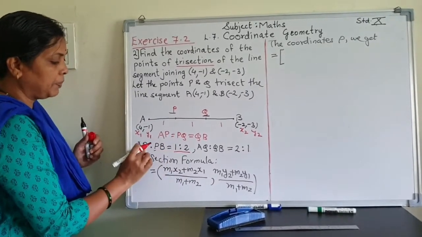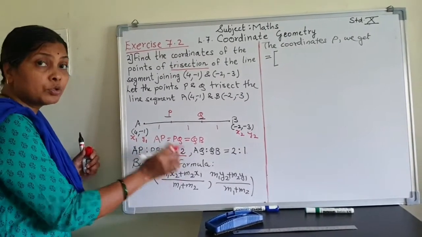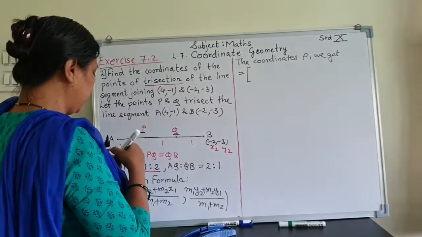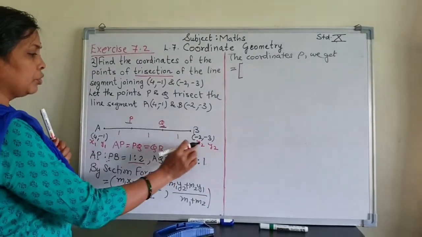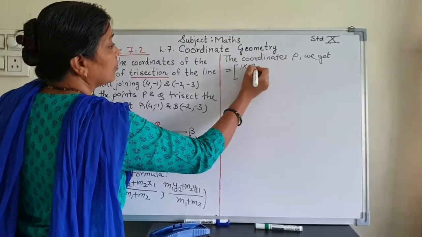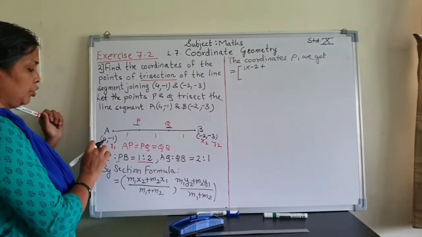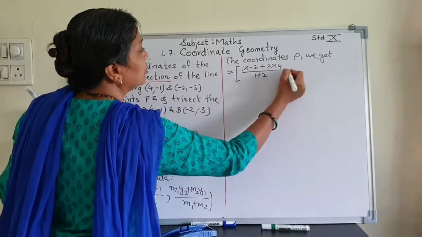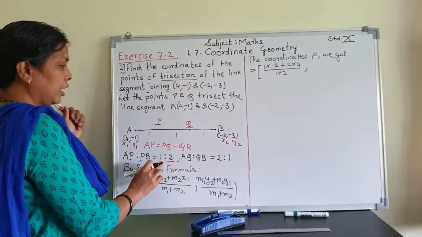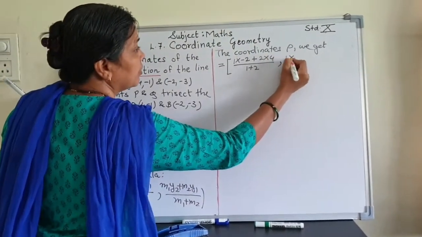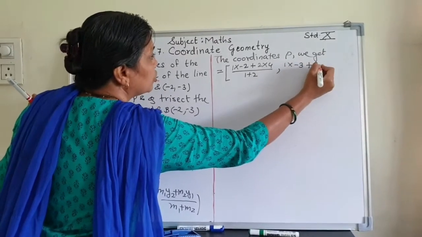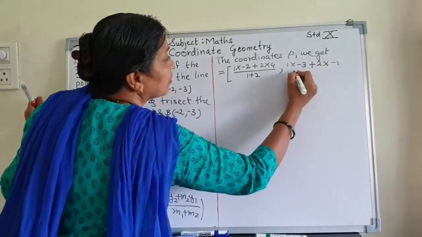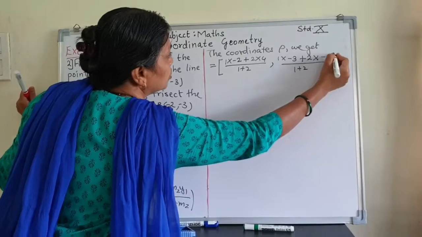It means AP, the coordinates of P we want. The ratio is 1:2, so m1 is 1 and m2 is 2. We put these values: 1 into -2 plus 2 into 4 upon 1 plus 2, and 1 into -3, that is y2, plus 2 into -1 upon 1 plus 2.